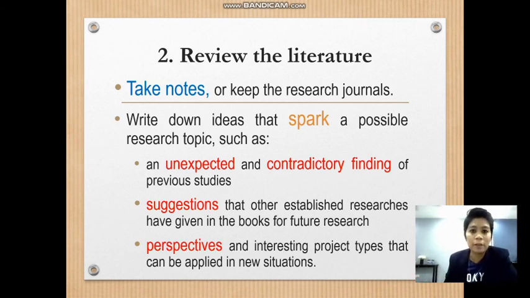That suggestion can be used as a passport to conduct another study, similar but not the same. And then what perspective of the previous project can be applied in this situation. If it has been conducted in other regions of the world, it can be conducted in Malaysia. Most of the studies are doing that, right?